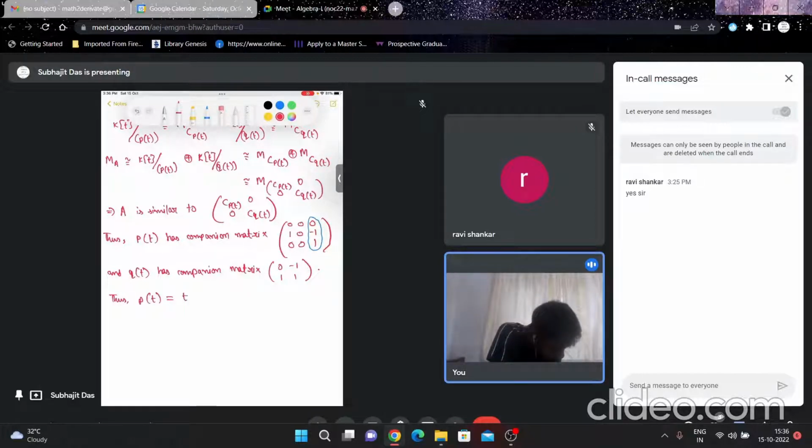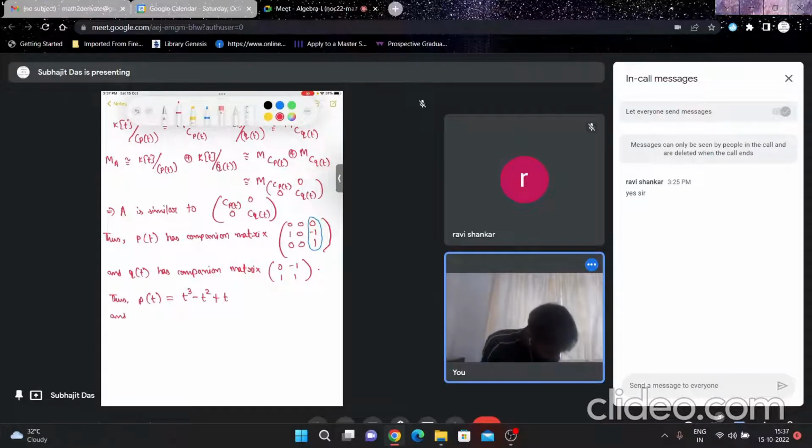It's a 3x3 matrix, so it will be t cubed, and then you have 1 at the bottom, which is the negative of the coefficient of t squared. So t cubed minus t squared, and then plus t, because you have minus 1 in the third column and second row, so you take its negative. The constant term is 0.